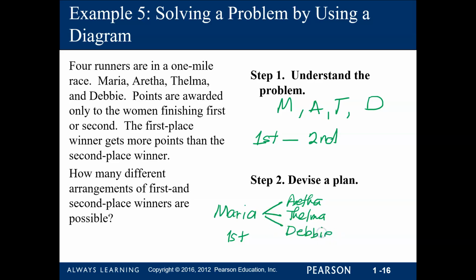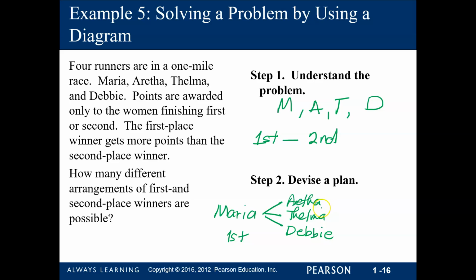Correct? So if Maria is the first placer, there are 3 ways that it could end up. Aretha could be second, or Thelma could be second, or Debbie could be second. So this is already 3 possible ways. So that is our plan.